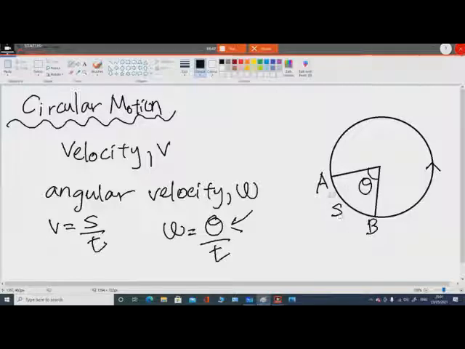Along the way from A to B, there will be a time taken, which is denoted as t. So basically we have angular displacement and time, and this will give us the angular velocity. Okay, let us move to the next part.